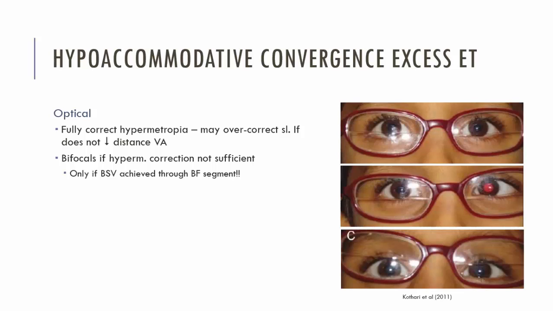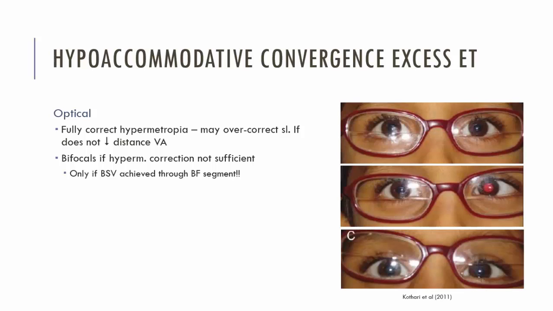If the hypermetropia correction is not sufficient, then add a bifocal. Bifocals are effective in these patients as they provide the patient with clear vision at near without the need to exert that excessive accommodation that they were otherwise doing because they had this hypoaccommodative issue. Again, only prescribe the bifocal if the patient can achieve BSV through the bifocal segment.